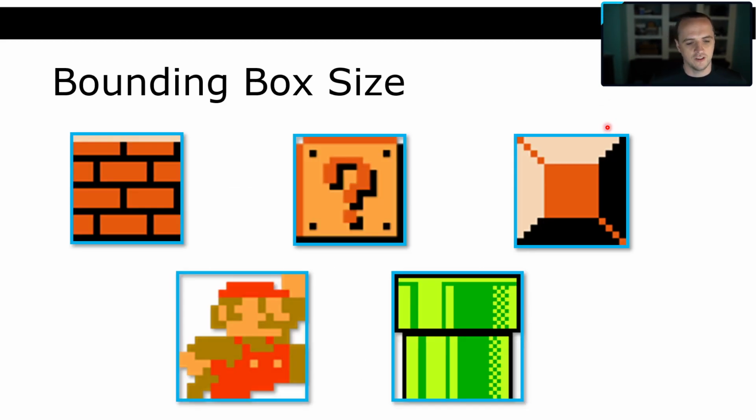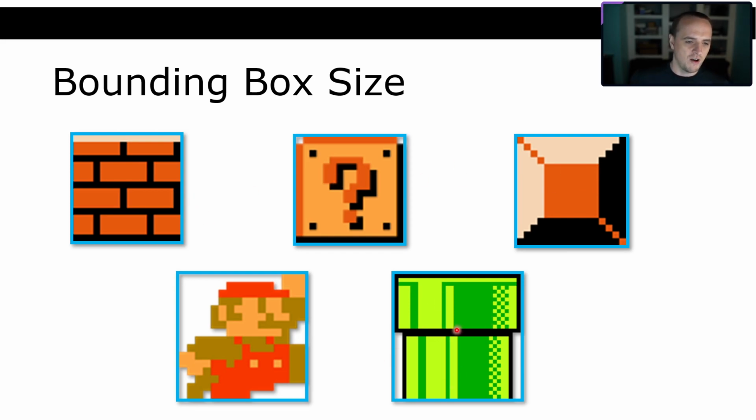Well, if we look at this, for example, a lot of the time, we're going to construct our textures in a way that they're perfectly rectangular. Right? So we have a brick here, we have a question block here. This is obviously the simplest possible case of a really old game where all of our things in the game are almost perfect rectangles. So we get down here, and these are perfect rectangles.